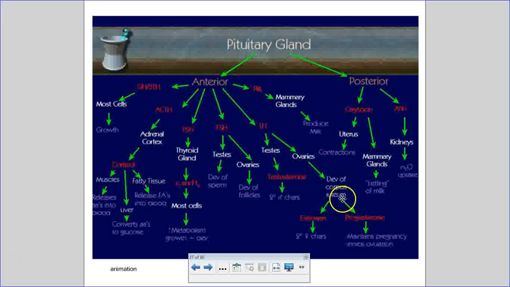This is basically what we get when the follicles kind of breaks down. So the corpus luteum produces the two female hormones, estrogen and progesterone. Estrogen causes development of secondary female characteristics, okay, like increased breast, development of the ovaries, hair in certain regions of the body, all those things that come along with puberty.